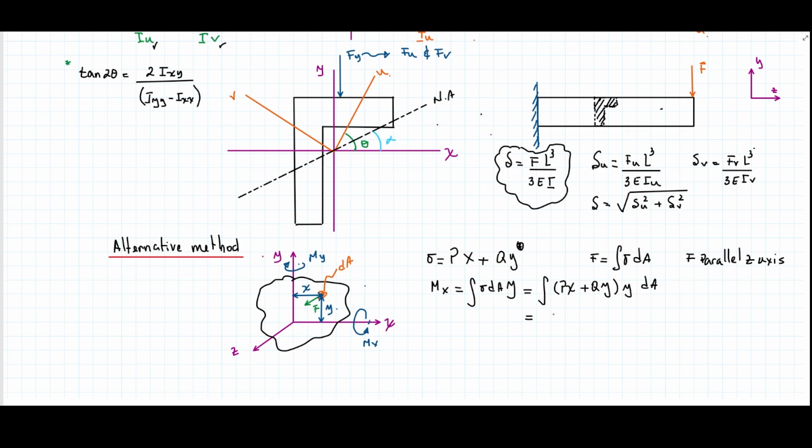If I separate these two things, this first times the second, and putting things out, it's going to be something like this: P x y dA plus Q y squared dA, which I could write something like this. Q, this one here is Ixx, moment of inertia around the x-axis. Just remember the definition of things. So the moment around x is going to be equal to that thing that we have just derived.